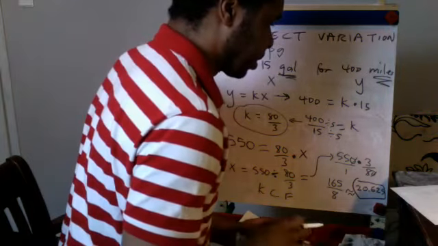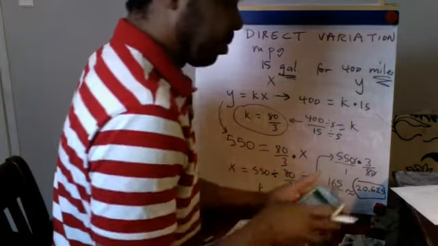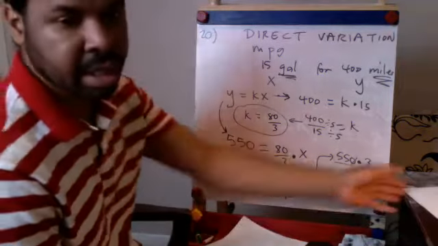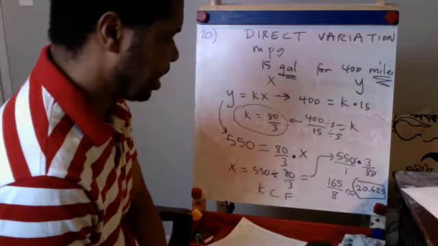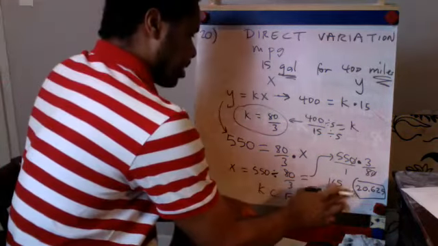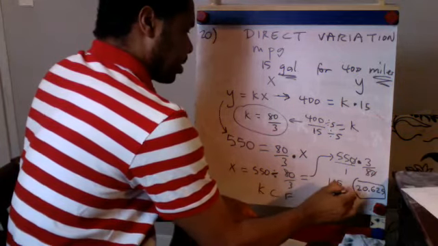So the amount of gasoline you're going to need is 20.625 gallons of gasoline for 550 miles.